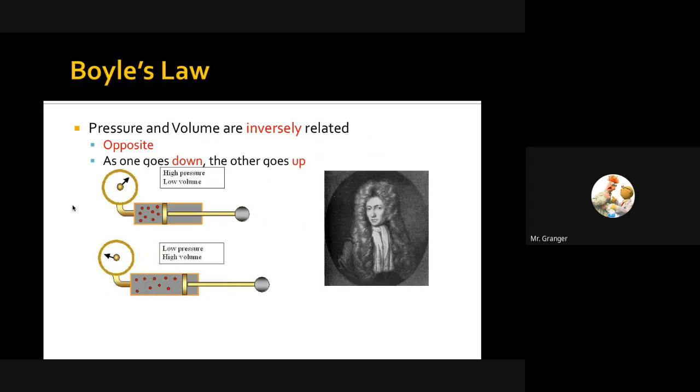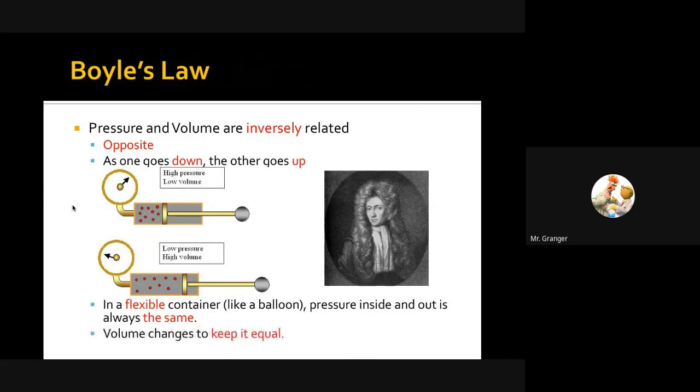Whereas when the volume goes up and it has more room, the pressure comes down. So it's an inverse relationship. In a flexible container, like a balloon, for example, that's stretchy, the pressure inside and out is always the same because it can change due to that flexibility. So the volume changes to keep the pressure equal.